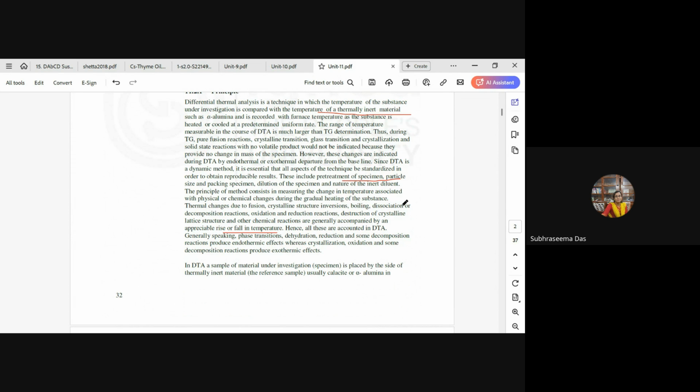Hence these are all recorded in DTA in terms of delta T. Mostly the phase transitions, dehydration, reduction, and other types of reactions produce endothermic effects, whereas crystallization and oxidation reactions produce exothermic effects.